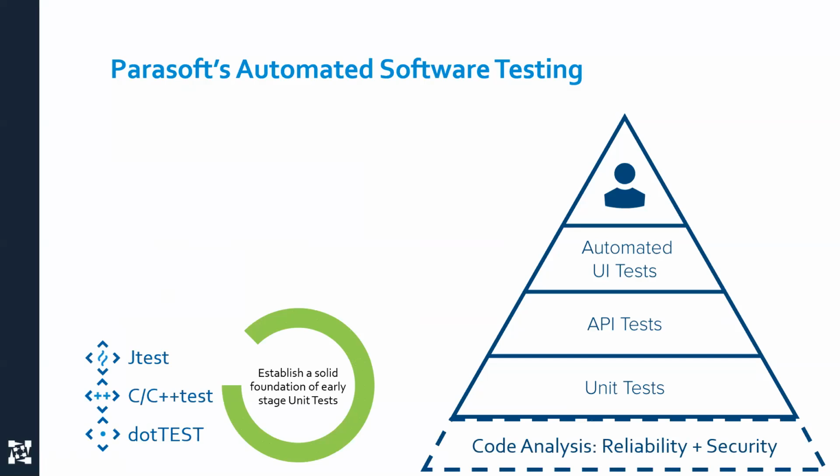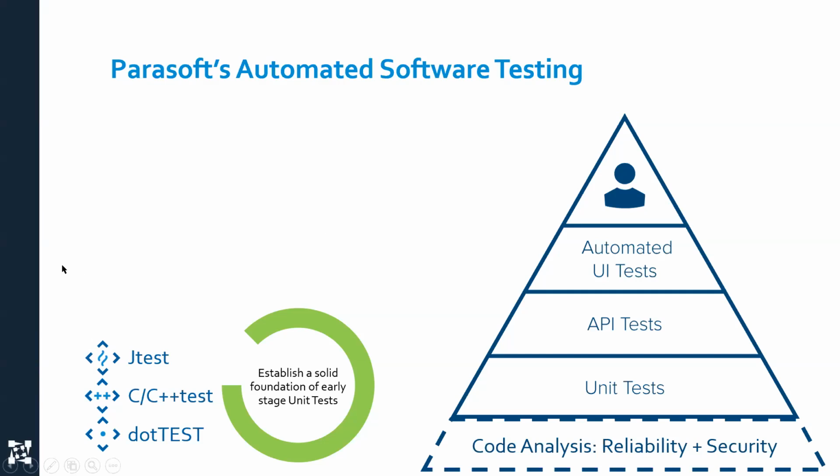So first, talking about the bottom of the testing pyramid, this isn't where we focus today's conversation, but this is where Parasoft's technology is designed to not only address that lowest layer, which is the unit testing, but also designed to streamline the application of code analysis techniques to uncover deep reliability and security issues within your application.